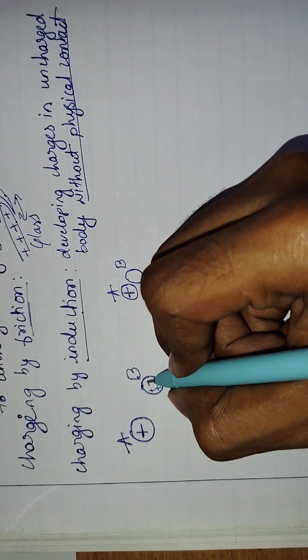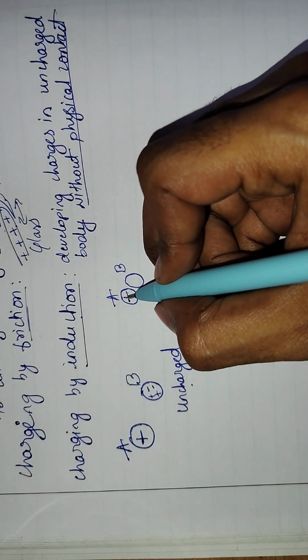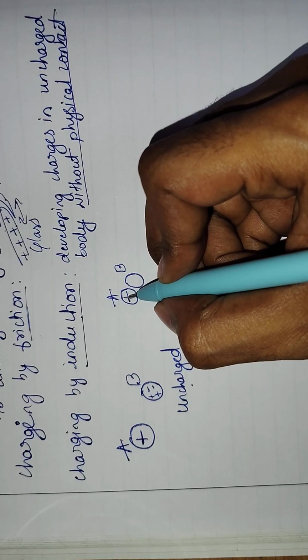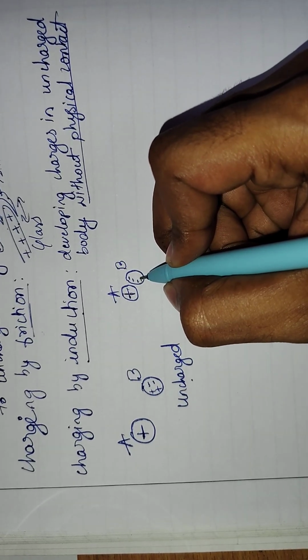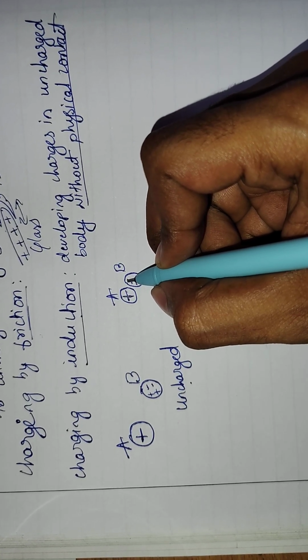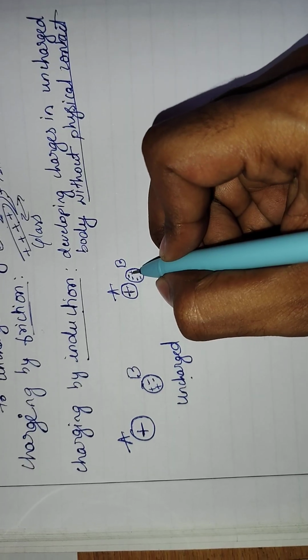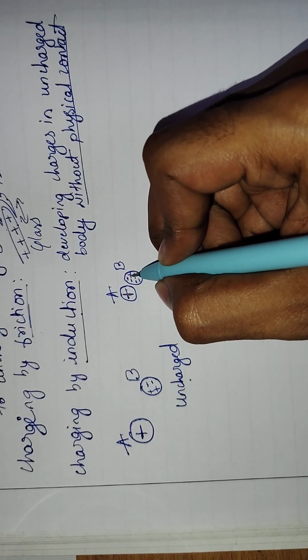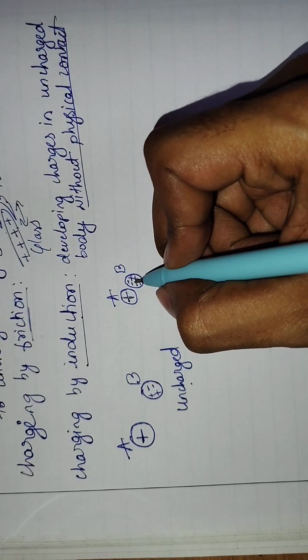Initially there were both positive and negative charges in this body, in equal proportion. But now the positively charged body will attract all the negative charges in body B towards it. As a result, the negative charges will accumulate on one side of the surface, whereas the positive charges will accumulate on the other side. This is stage 2.